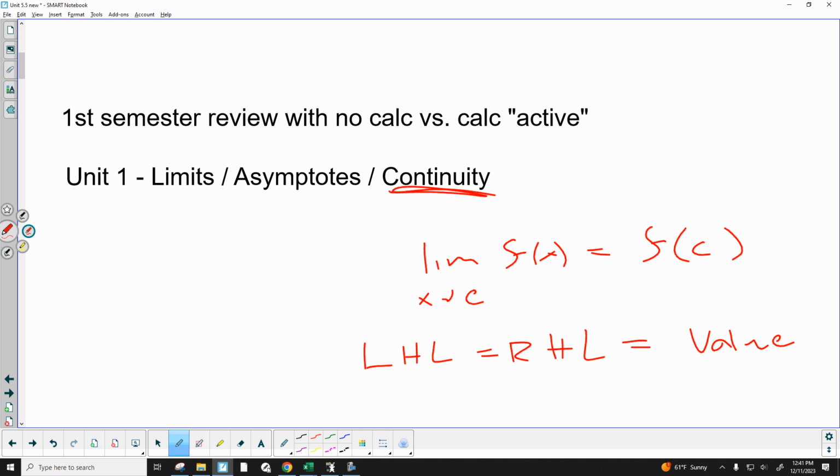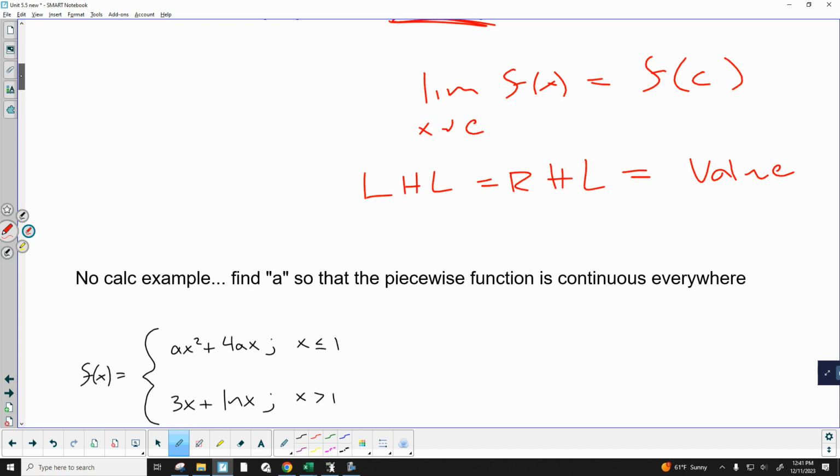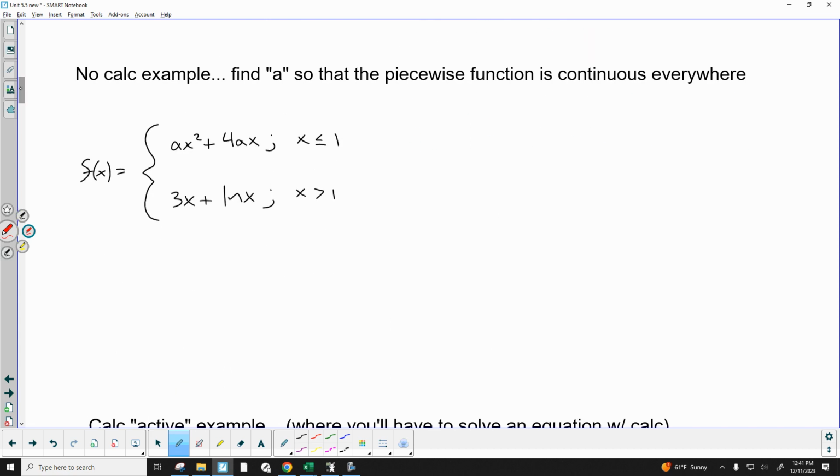And the way we kind of asked you to do continuity questions was using piecewise functions. What you're going to see in this lesson is some no calculator examples to remind you of what you did to get the answer. And we'll do the same type of question with the calculator to see how it might be different as a calculator active question. Okay, here's the question.